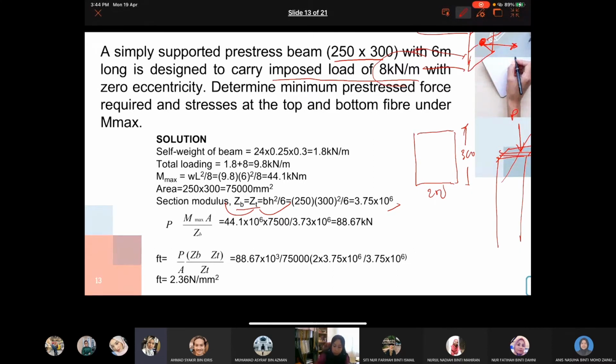One of the reasons is symmetry. Your neutral axis is somewhere here, so your top height is equal to your bottom height.